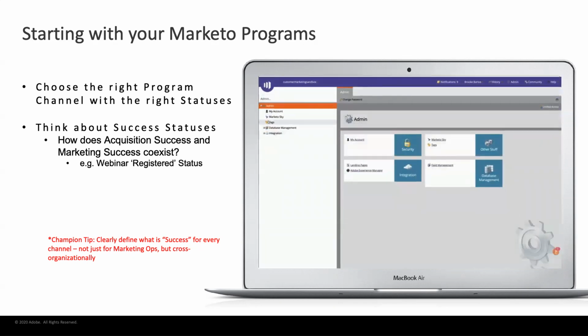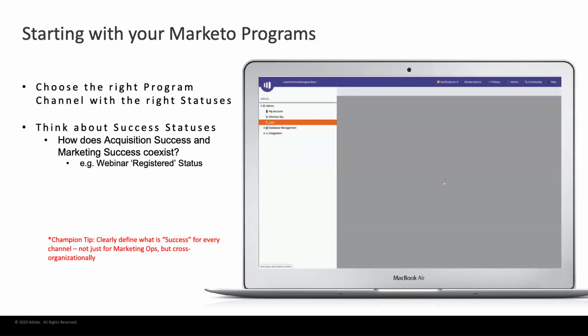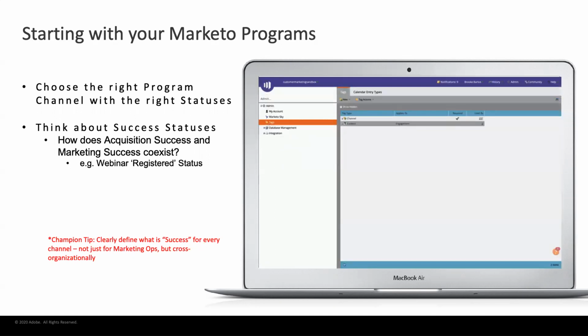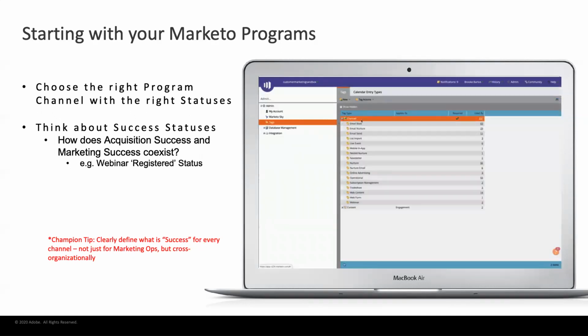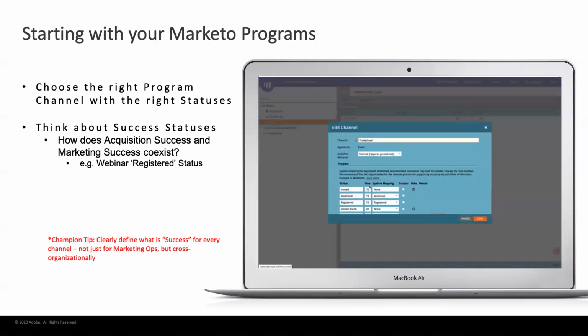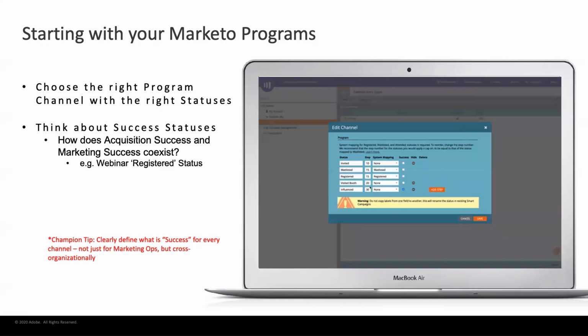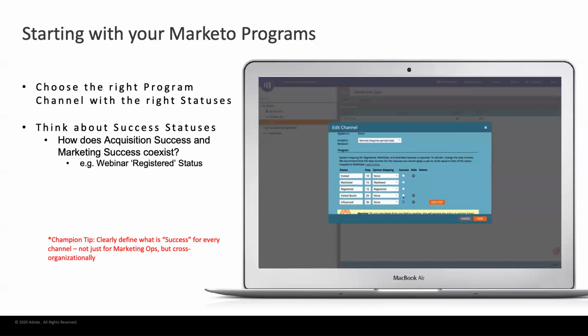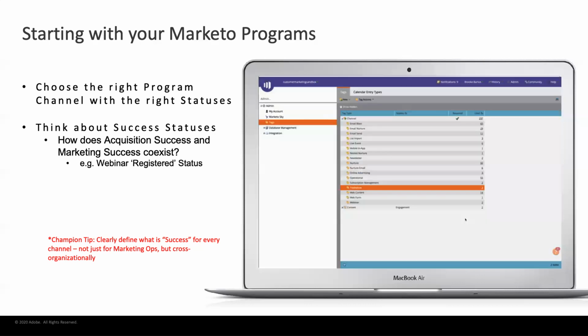But when we think about registered for a webinar, that is a potential acquisition point for a new inbound lead, but it's not typically considered a success in the world of Marketo. So you want to make sure that the two of those things jive, both from the way that you're looking at reporting inside of Marketo and then also the way that that information is passed down funnel into your other reporting tools.